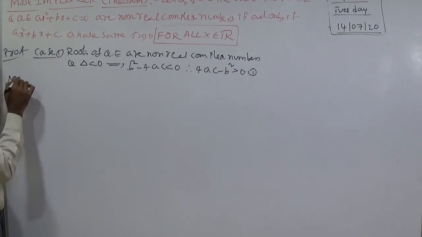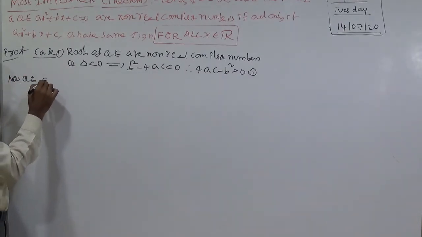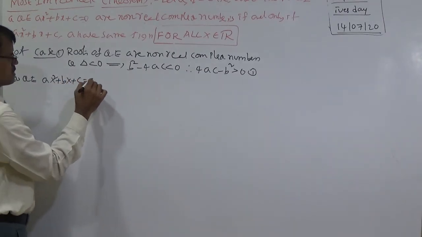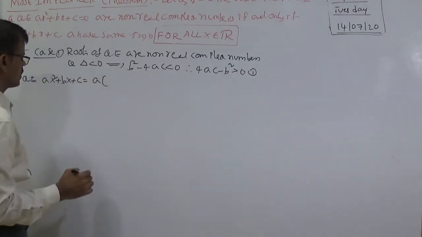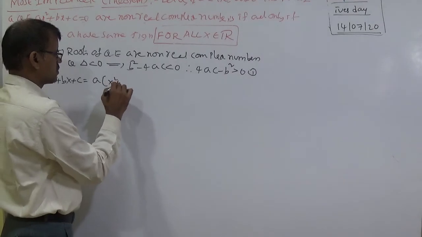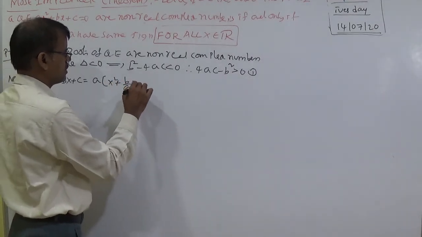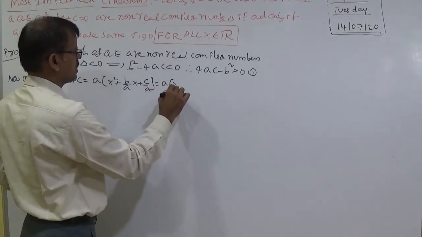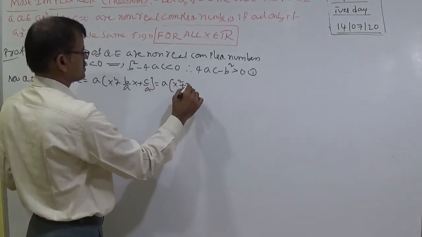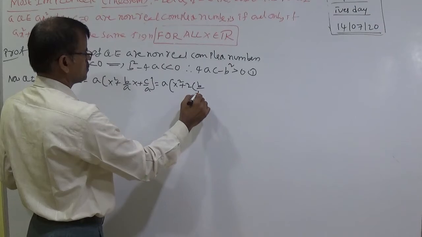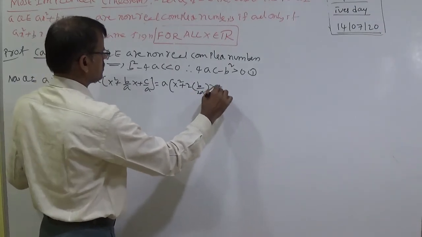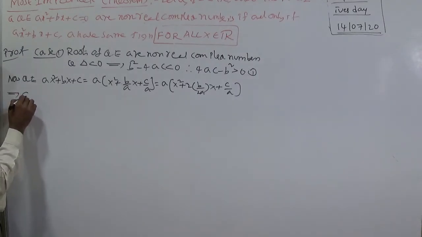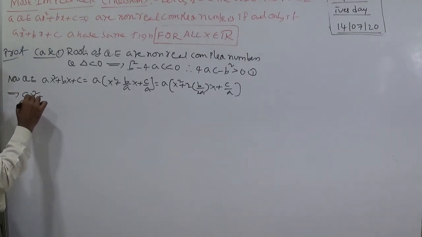Now you can write the quadratic equation ax square plus bx plus c as a, taking a common, times x square plus b by a into x plus c by a. In the next step, write x square plus 2 into b by 2a into x plus c by a. Divide with a on both sides.